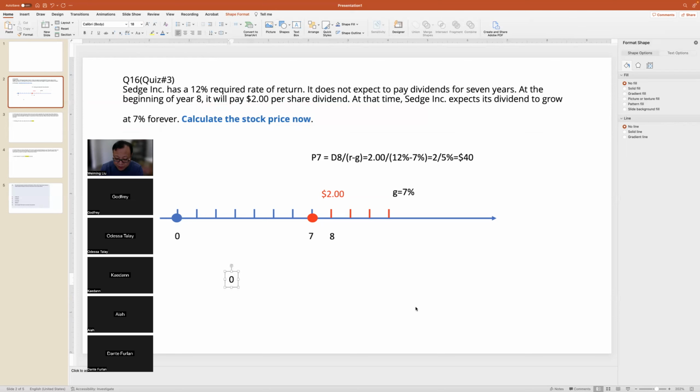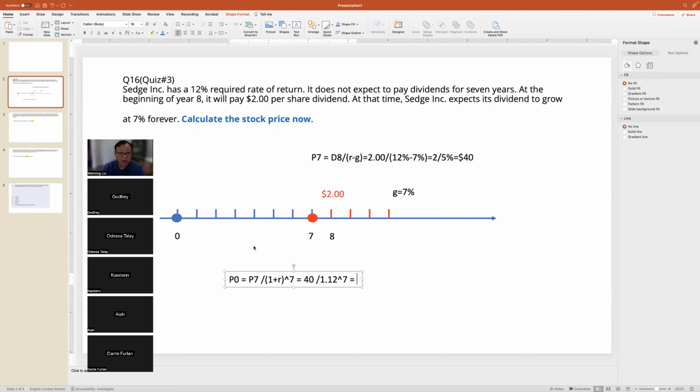P0 equals P7 divided by 1 plus R to the power of how many years? If you count, there are 7 years in between, so it's discounted by 7 years. So 40 divided by 1.12 to the power of 7.